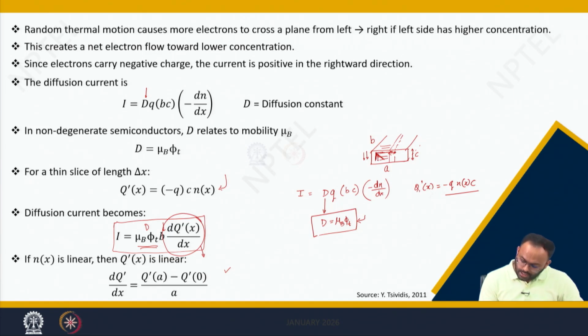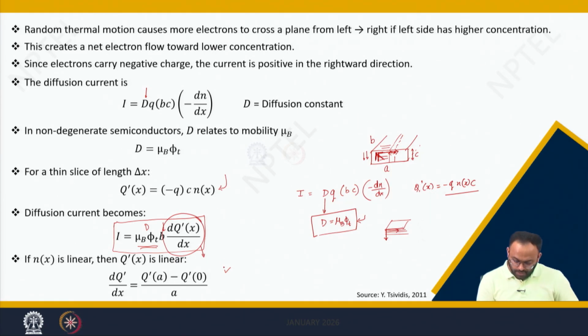Even though the charge varies non-uniformly in the vertical direction, it varies linearly in the horizontal direction. To understand this, think of slices like this, one slice, another slice, another slice. Though the charge varies non-linearly in the vertical direction, it varies linearly in the horizontal direction, and we can assume that a laminar flow of the carriers happens.